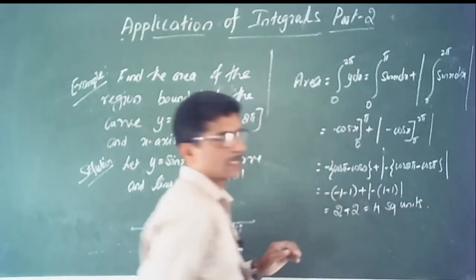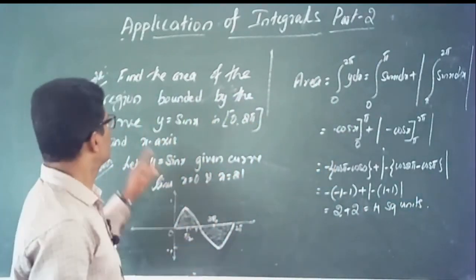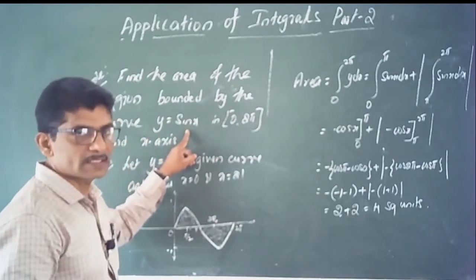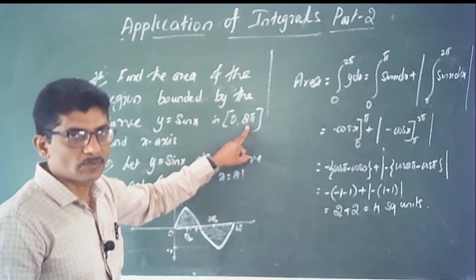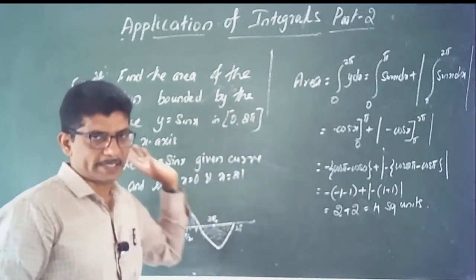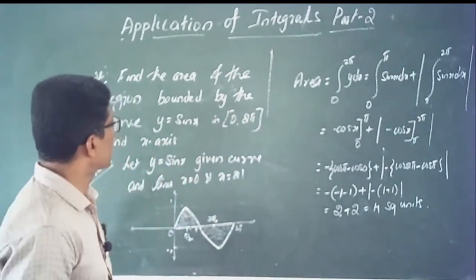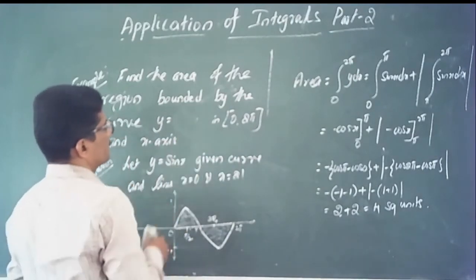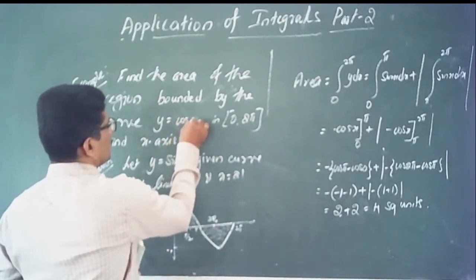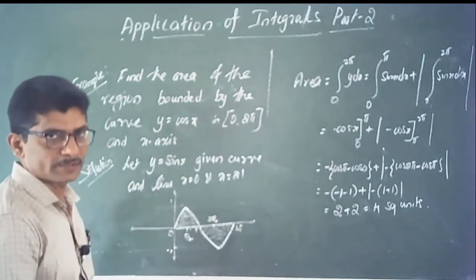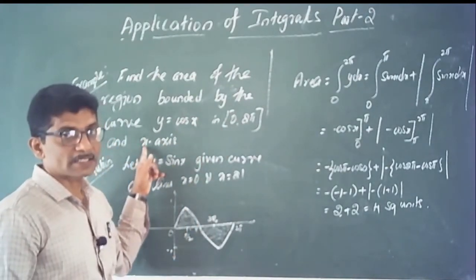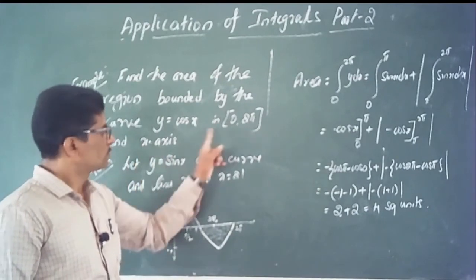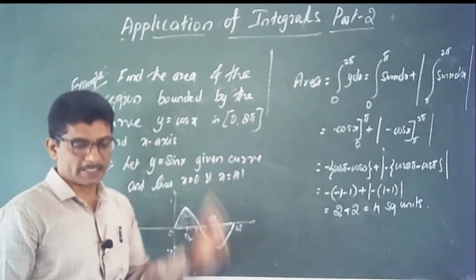This one is the area enclosed by the curve y is equal to sin x and the lines x equal to 0, x equal to 2 pi and the x-axis. Suppose the similar type curve y is equal to cos x. The lines are the same, in the range 0 to 2 pi and the x-axis.